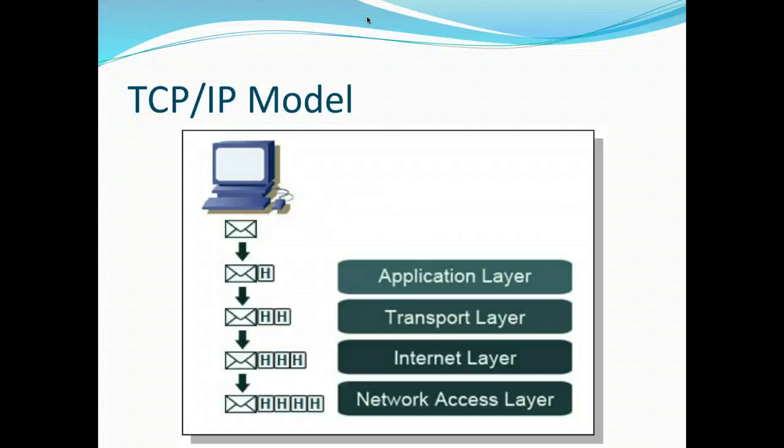The TCP/IP model is a lot similar to the OSI model, except it only has 4 layers, and the application layer basically makes up the first few for the OSI, and the network access layer makes up for the last tier of the OSI model.